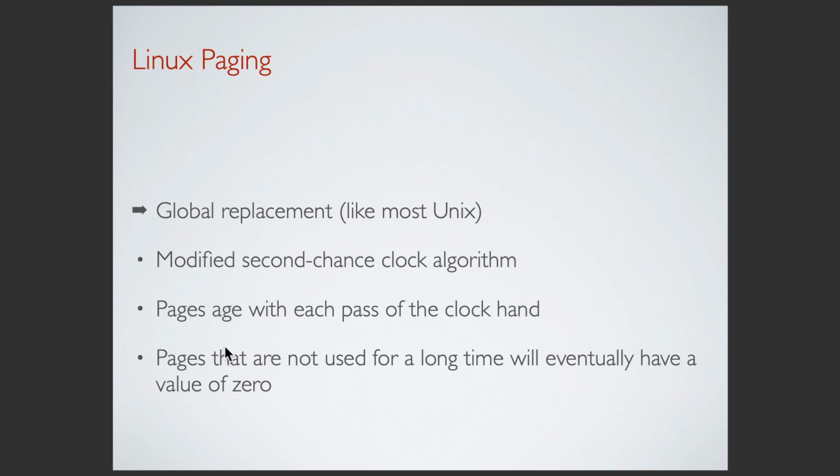Every time, the page ages: it was 10, now it's going to be 9, now 8, and so on, until it reaches 0, and when you reach 0, you've been kicked out. So that's the idea. It's more than just one bit. We'll give you more than just one second chance, because again, processes are likely to reuse pages they've used in the past, so if a page is accessed, it's probably going to be used later.